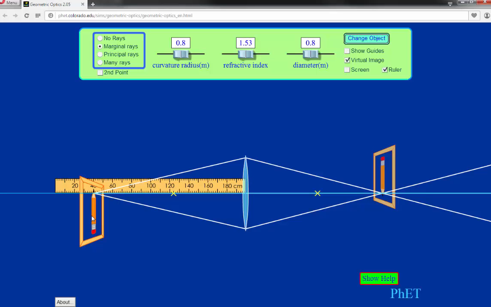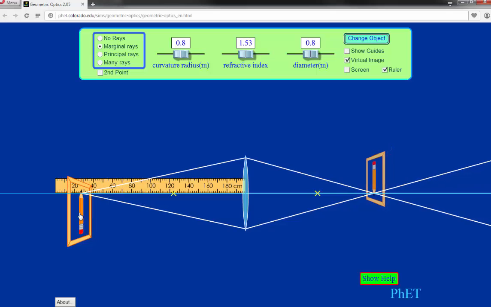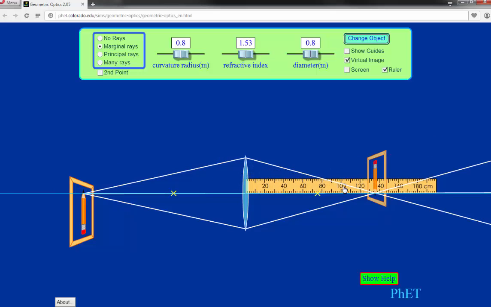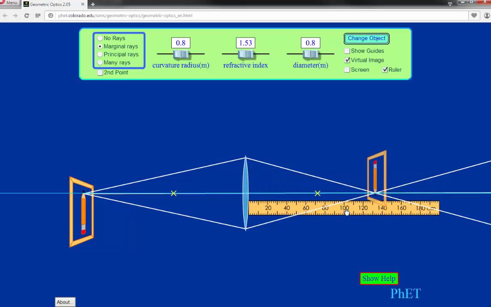Let's go ahead now and move this guy another 10 centimeters, which is about right there. So this is now 170 centimeters away from the lens. And if we put this in here, maybe we can try to measure it using the guide point, which seems to be pointing about here.